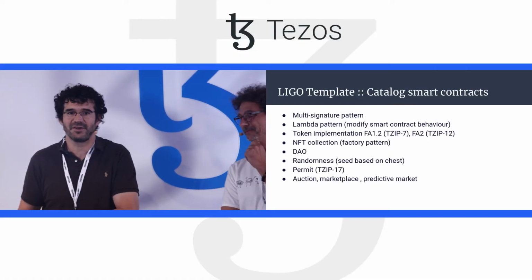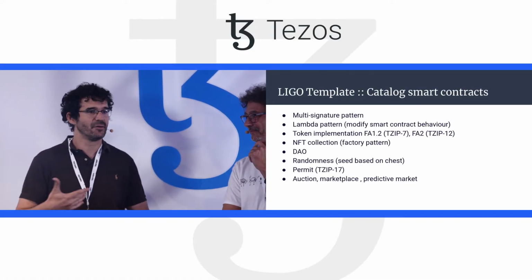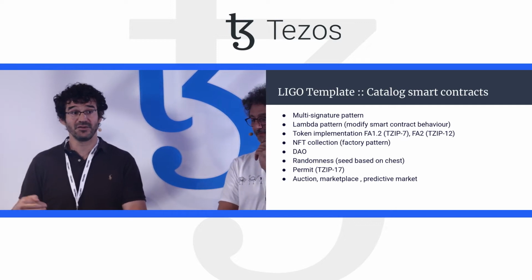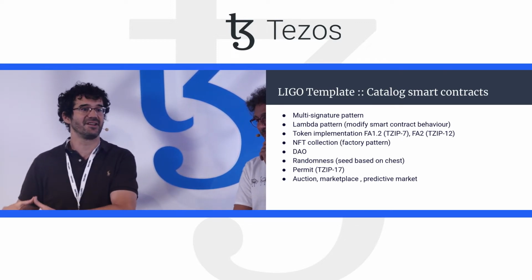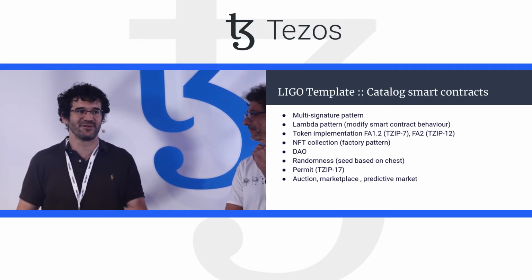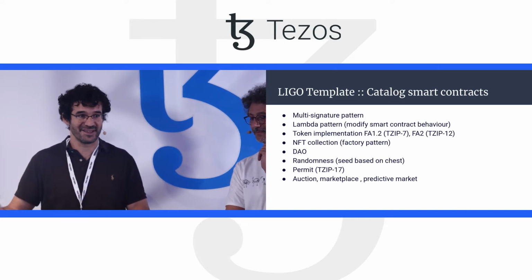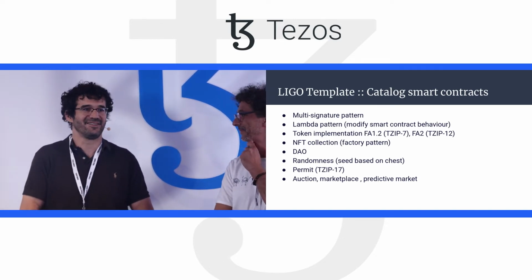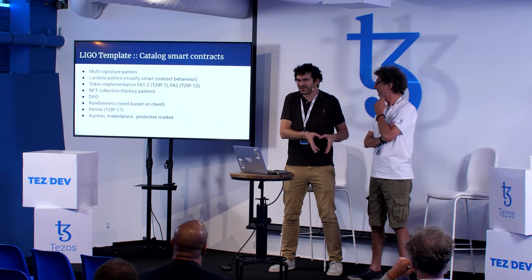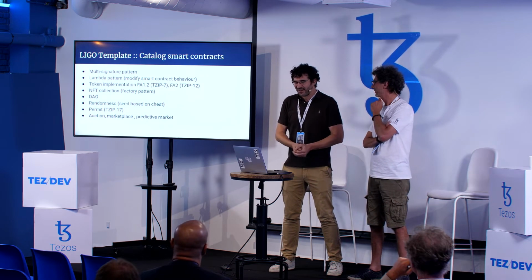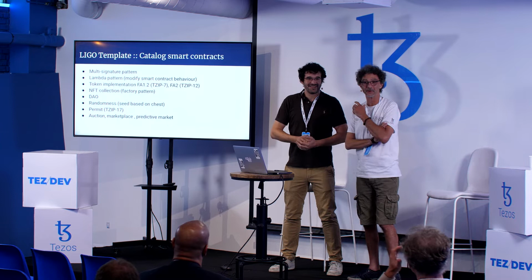They have a specific idea when they start the project, but 3 months later they want new features, but they don't want to lose all the data that has been stored in the storage of the first contract. So how do we deploy version 2 of the contract without losing the data? This is a curious pattern because it's not secure at all.